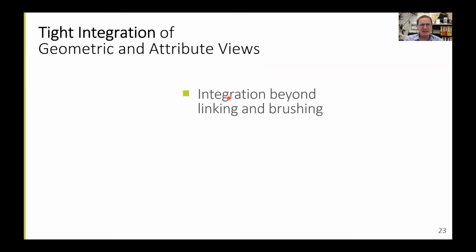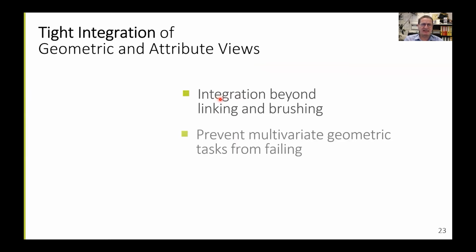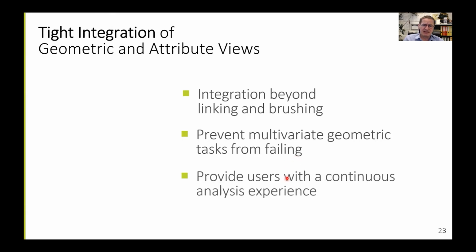So semantically, what you do in the attribute view leads to a more complex interaction and rendering in the geometric view. The idea would be to prevent multivariate geometric tasks from failing by not showing all the relevant information because the data is outside the view or is occluded. In a 3D rendering, occlusion is an important problem.